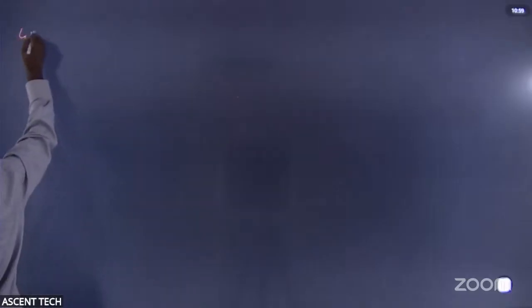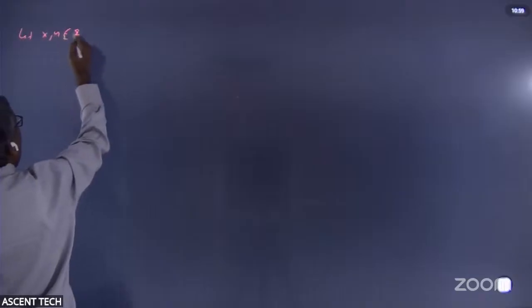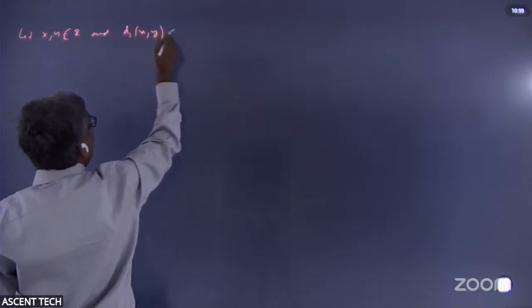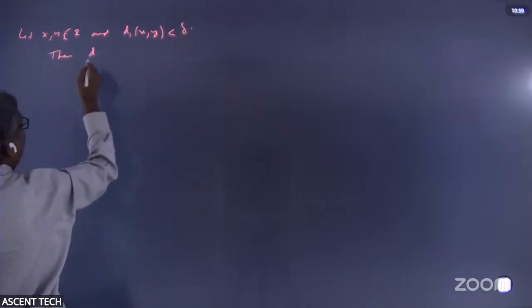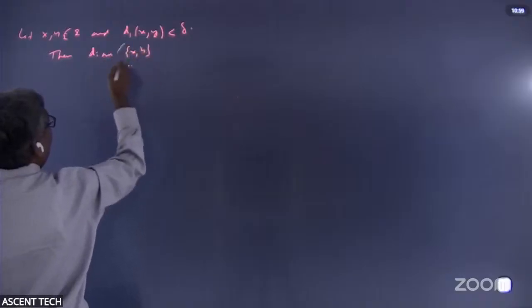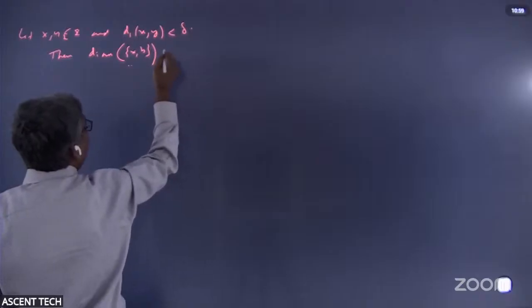Let x, y belong to X, and the distance between x and y is less than delta. Then the diameter of the set consisting of x, y is less than delta.